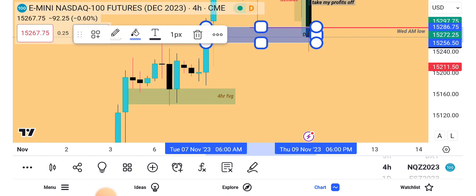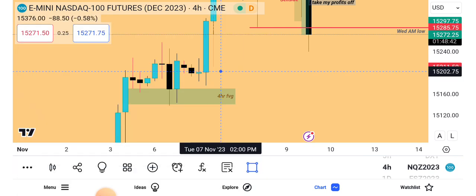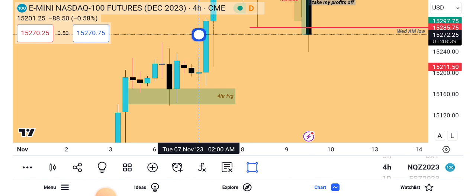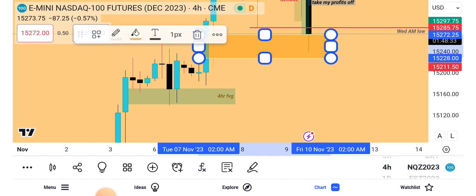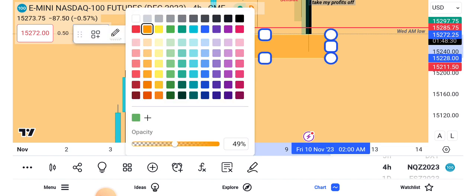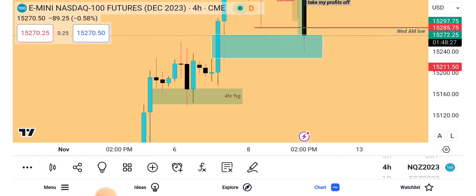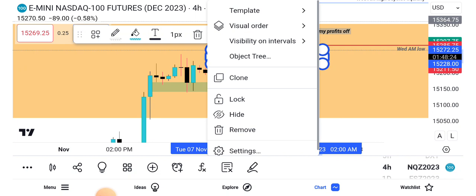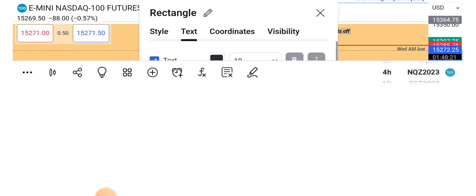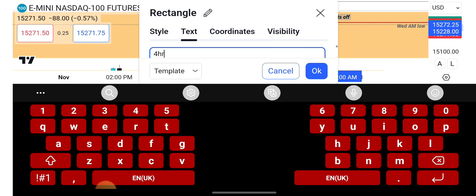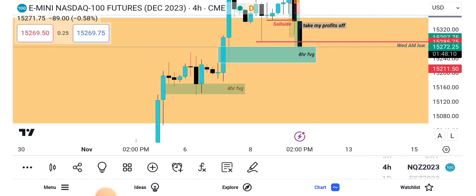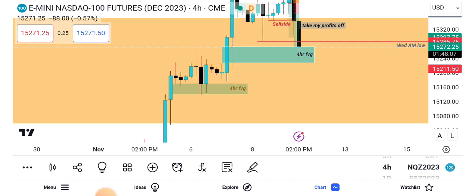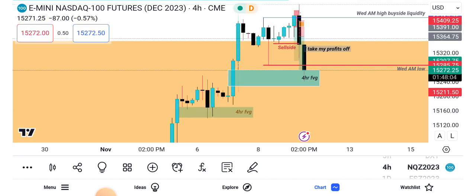I can delete it now and draw back the 4 hour fair value gap on that point. Then change the colors so that it can be clear. So this is the 4-hour. I'm kind of tired but we have to do this for our fair value gap. I labeled it previously the 4-hour discount fair value gap, which should support higher prices. So we've seen it being retraced into.